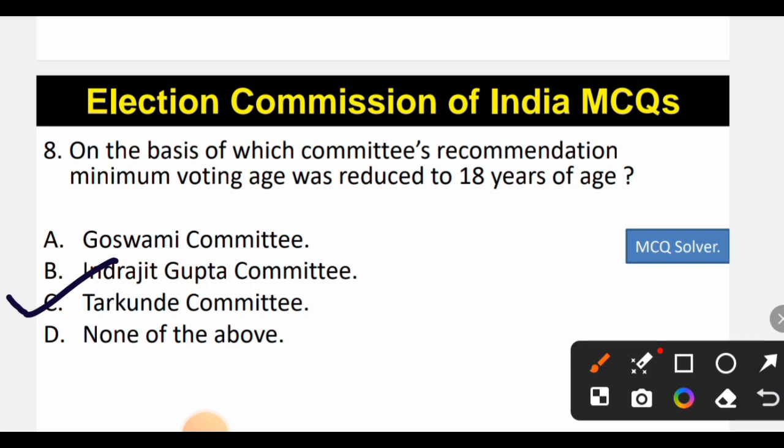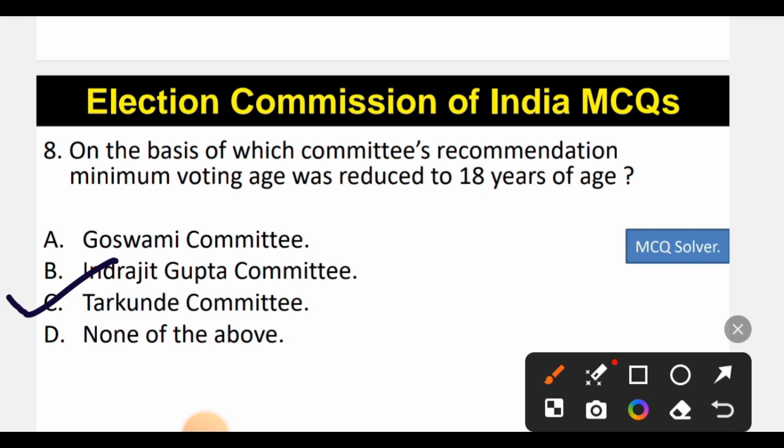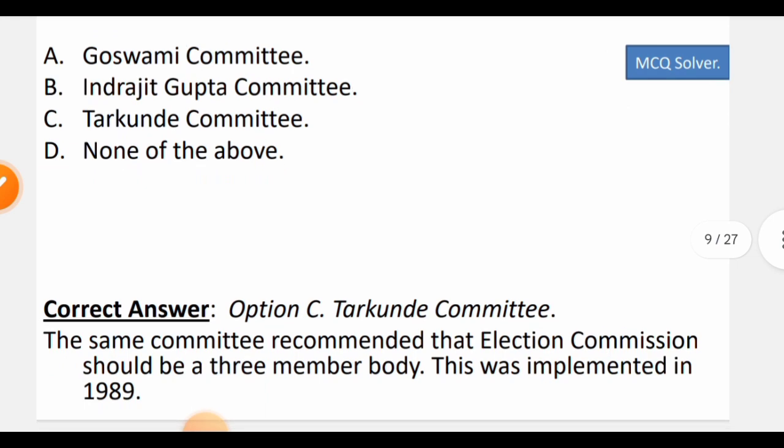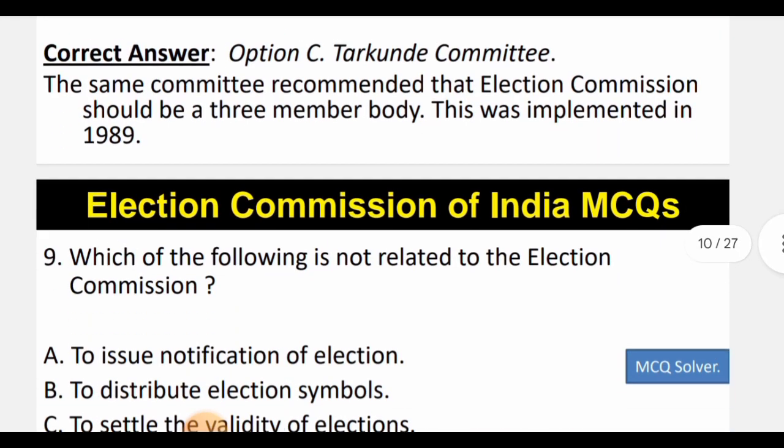This committee was formed in the year 1975 and its recommendations were implemented in the year 1989. One of the other recommendations of this committee was to make the Election Commission of India a three-member body, which means there will be one Chief Election Commissioner and two other Election Commissioners. So please remember the fact.